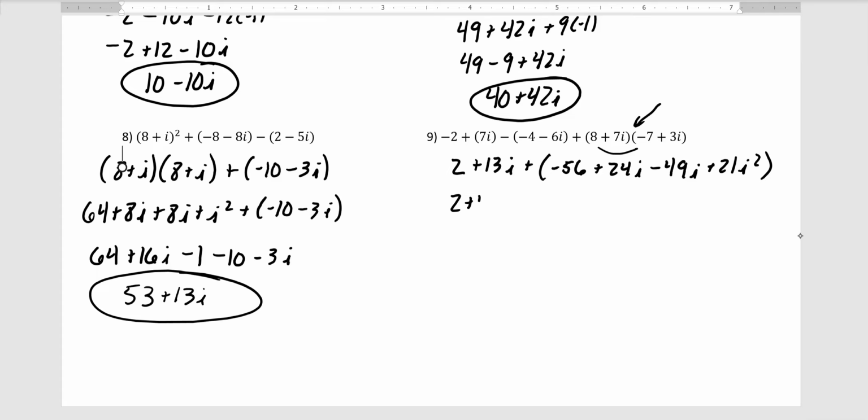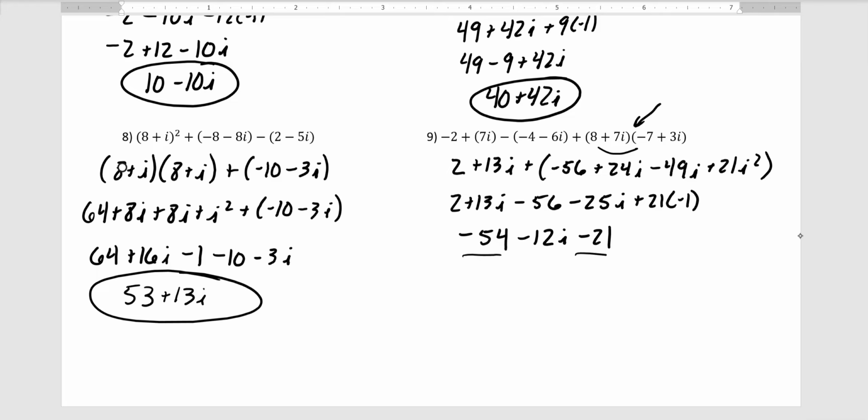So 2 plus 13i, minus 56, 24i minus 49i would become negative 25i, plus 21 times negative 1. So 2 minus 56 is negative 54. 13i minus 25i will be negative 12i. And then I have minus 21. Negative 54 minus 21, we're just looking at our reals here, would become negative 75 minus 12i.